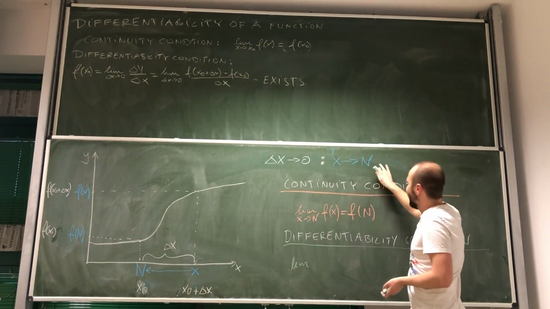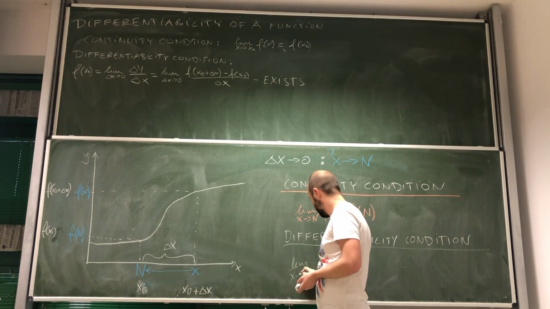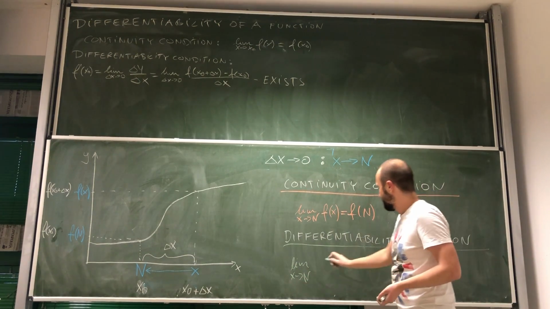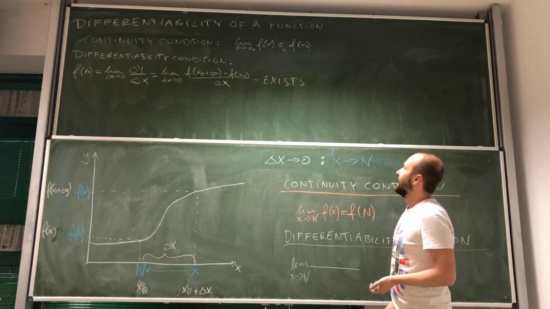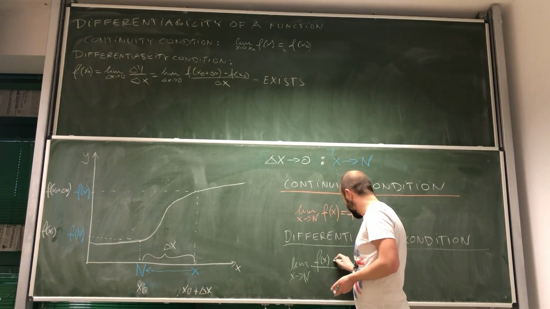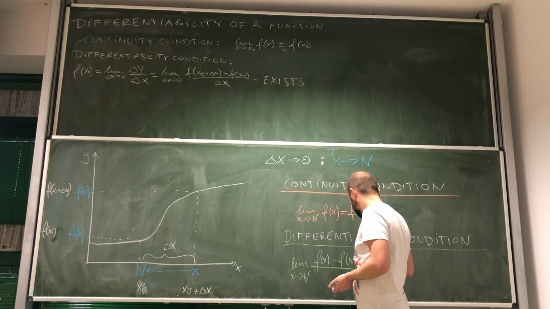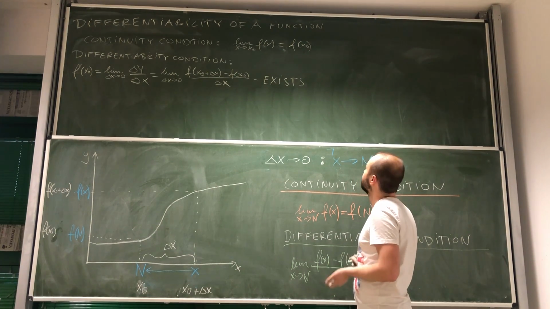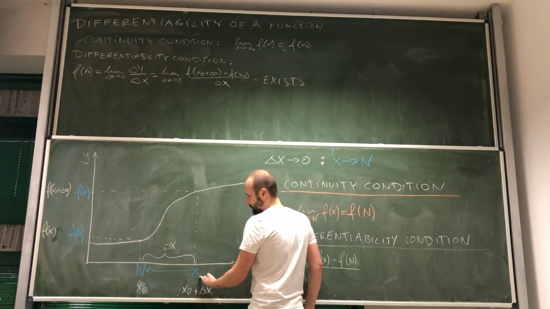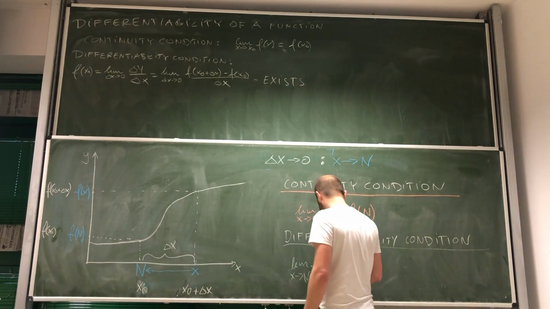So, again, x approaching n out of f of x minus f of n over delta x, which is x minus n.